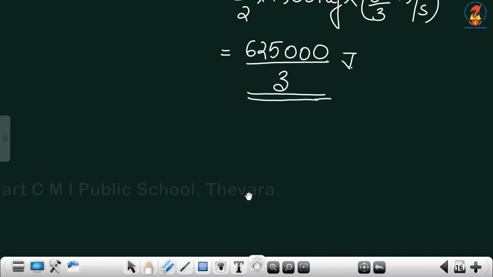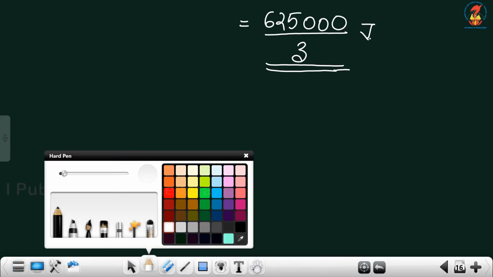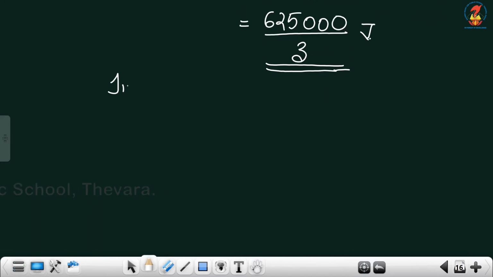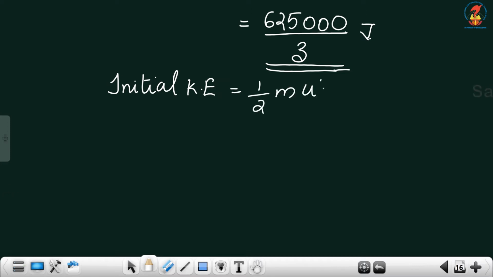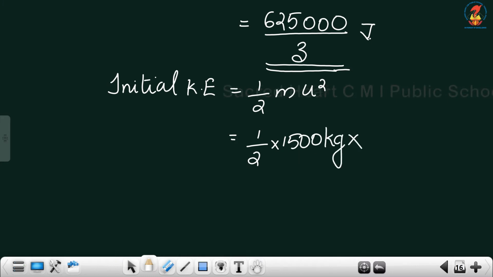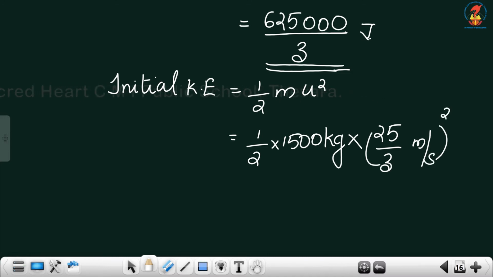Now we will find the initial kinetic energy, that is equal to half m u square, that is equal to half into 1500 kg into u is 25 by 3 meter per second the whole square.